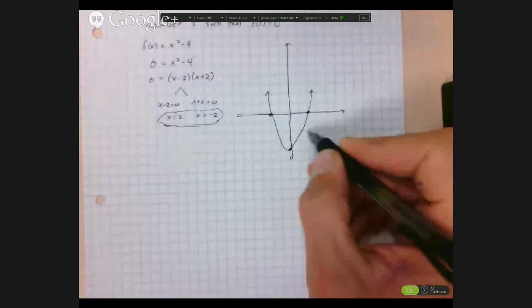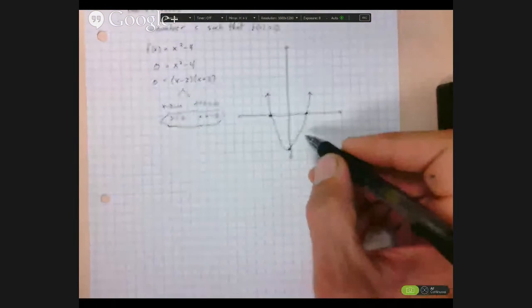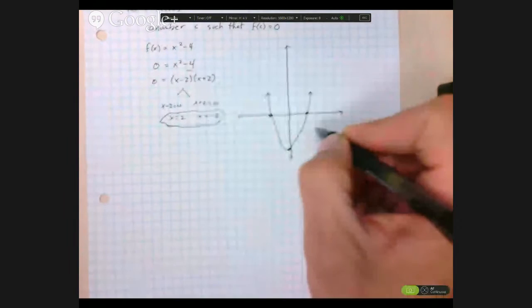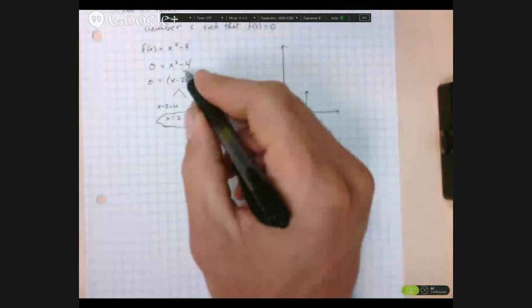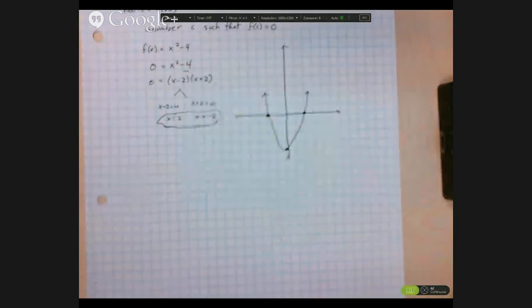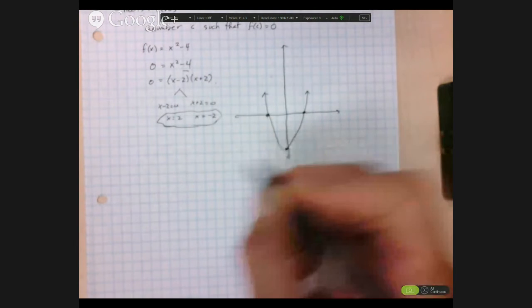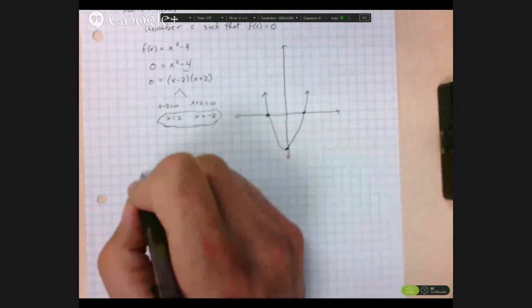Remember that shape, x squared. And we have, by the way, translated it down 4 spaces. We subtracted 4, so it moved down 4 spaces. For this function, we're going to talk about something called increasing and decreasing.